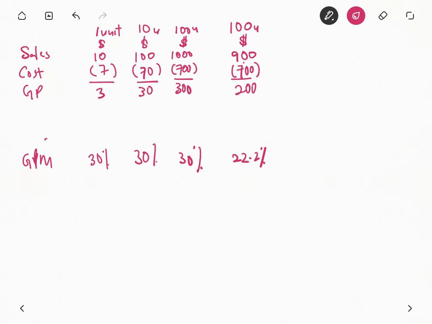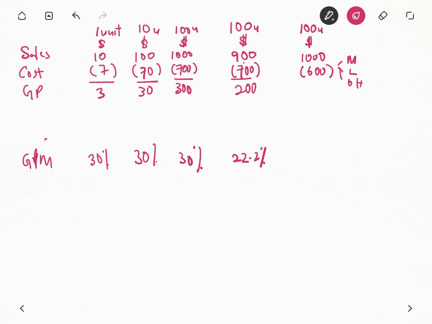Okay, let's prove it here. My selling price is the same, $10. Because I buy in bulk, the supplier gives me a discount of $1 each. Or because of my efficiency, because I produce myself, I incur material costs, labor costs and overhead.